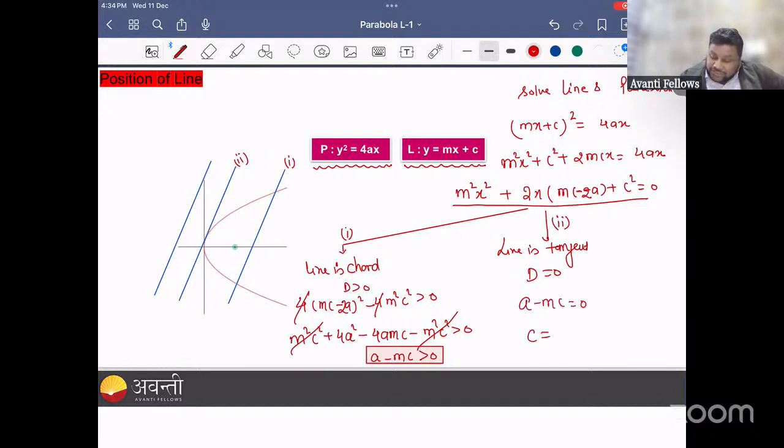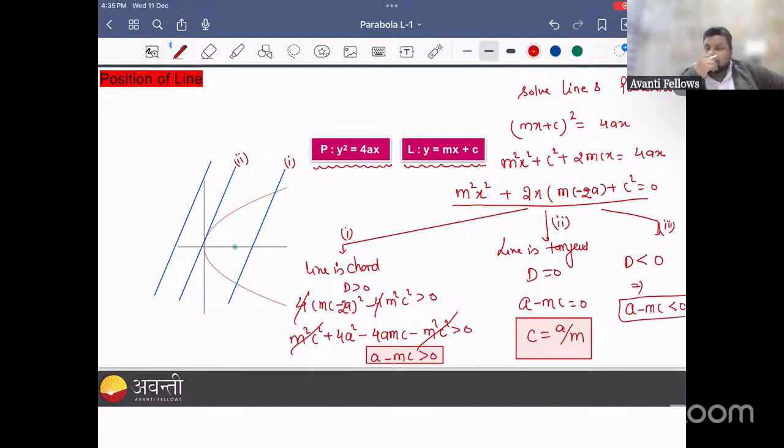So the value of c will be a by m. Got it? And if it is the third case, like line is passing outside the parabola, neither touching nor intersecting the parabola, in that case this D will be less than 0. And if you simplify it, you get a minus mc less than 0. Am I correct?